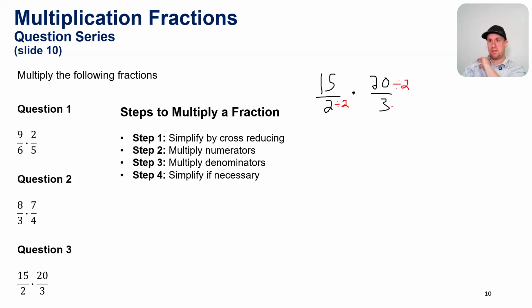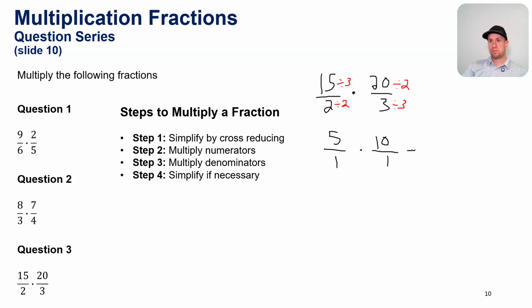And we can divide a 3 into the 3 and a 3 into the 15. So then rewriting this, we now have 15 divided by 3, which is 5, and 2 divided by 2, which is 1, times 20 divided by 2, which is 10, and 3 divided by 3, which is 1.